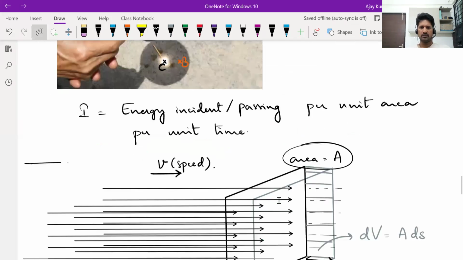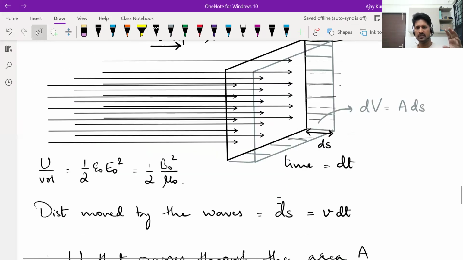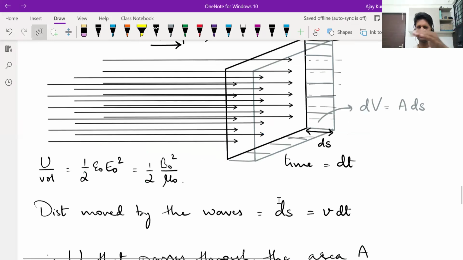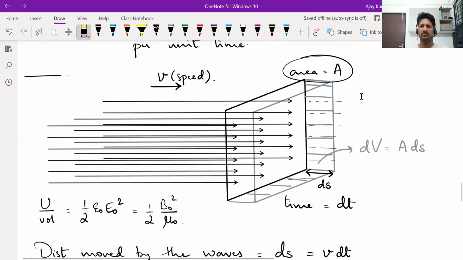Let's go through the derivation once again. We visualized electromagnetic waves. The arrows here represent the direction of propagation of the waves. You can imagine there is an EM wave going like this, or there are many EM waves going like this. The EM waves are passing through a cross-sectional area of A. When waves pass through a cross-sectional area A, it's like energy is passing through that area. So we considered a small interval dt. In that time dt, we know what distance the waves are going to travel.